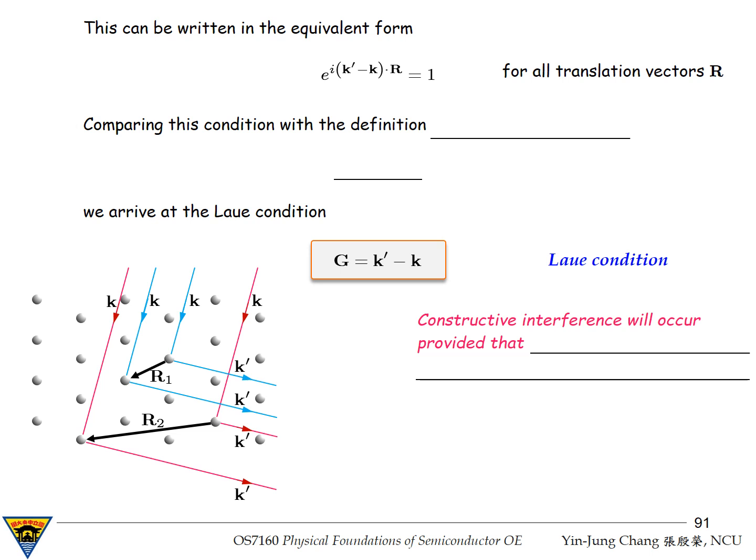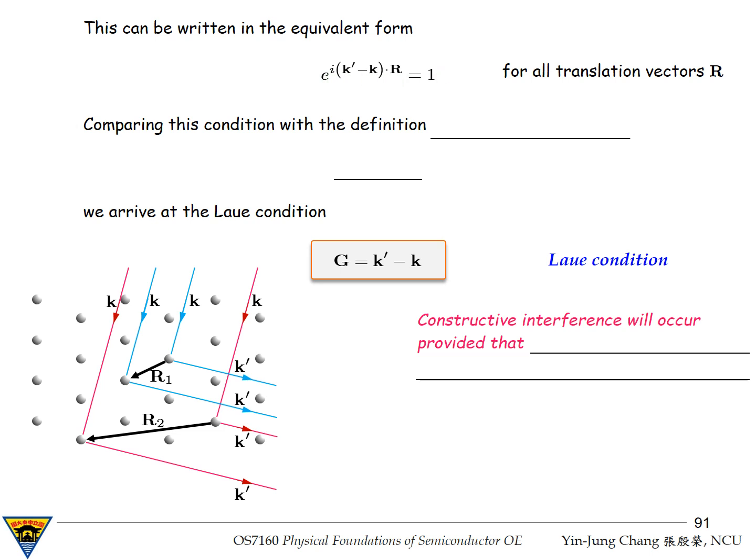From what we have obtained on the previous page, we know for constructive interference to occur, the inner product of the lattice translation vector and the change in the wave vector must be equal to an integral multiple of 2 pi. That mathematical expression can be written in the equivalent form shown here for all the lattice translation vectors.